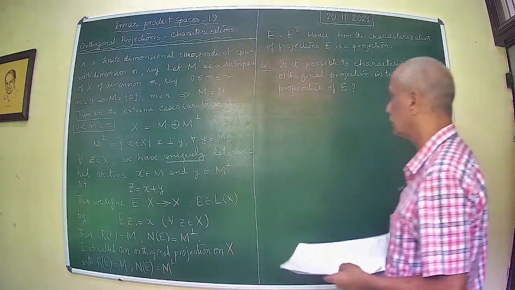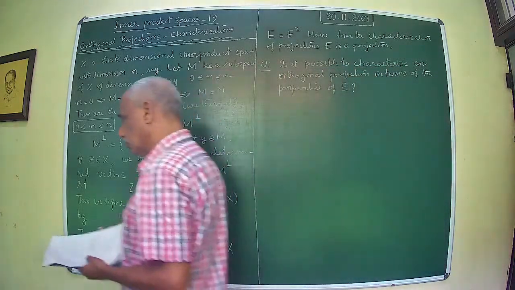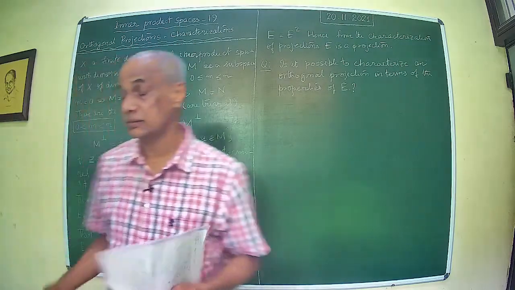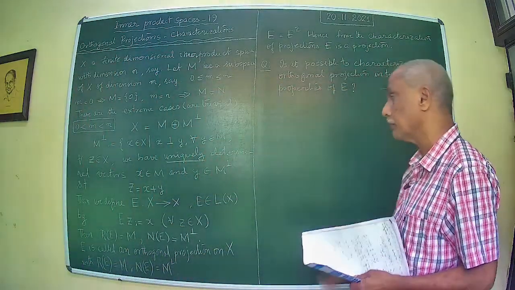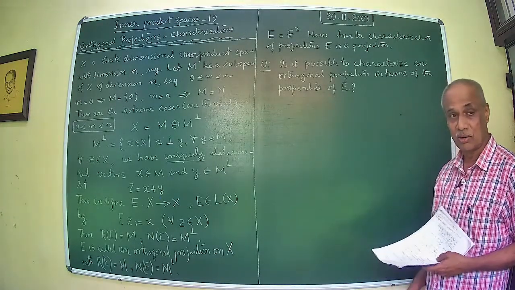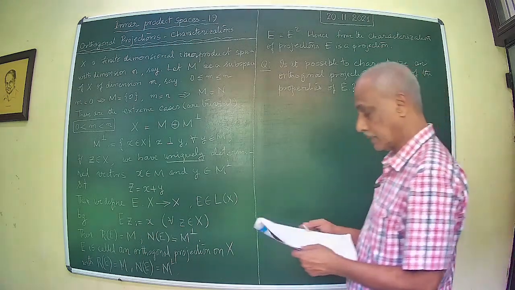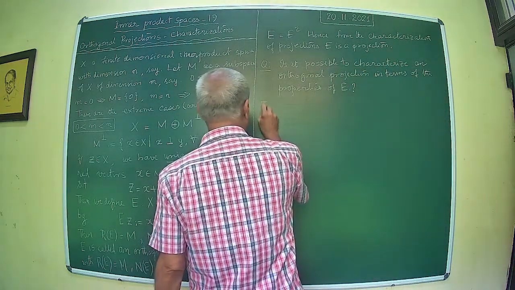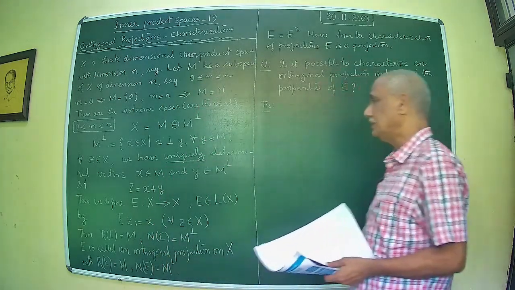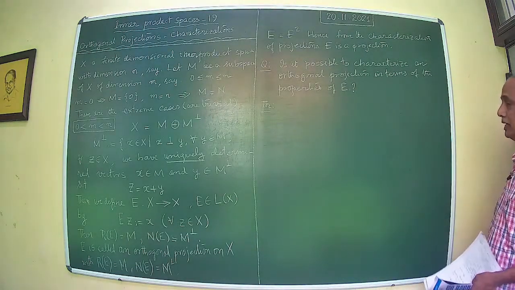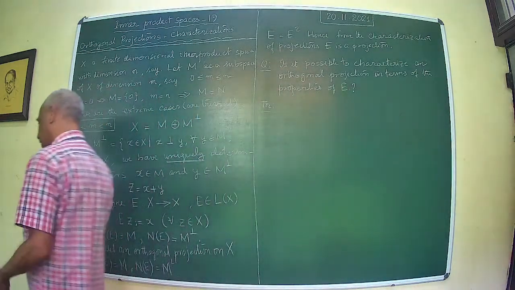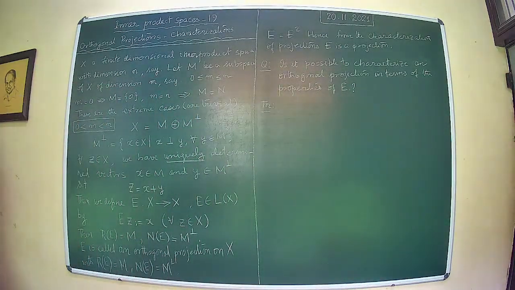We already know that if E is a linear transformation on X and E is equal to E square, then it's a projection. So when is it an orthogonal projection? This is the question. On X you have an inner product. So you need some additional properties to characterize this, because E equal to E square is already a characterization of a projection.